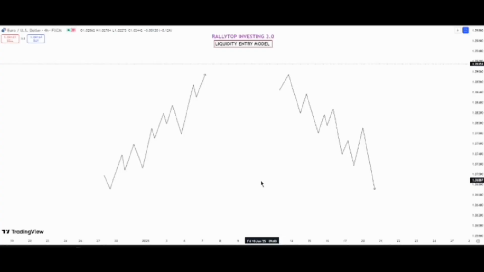Okay, so I'm going to run through a list of types of liquidity that we have in the market. We have different types of liquidity. Number one, we have trendline liquidity. Two, we have equal highs, equal lows liquidity. Some people call it double top, double bottom, or triple top, triple bottom. The third type of liquidity that we have in the market are the old highs and old lows liquidity.